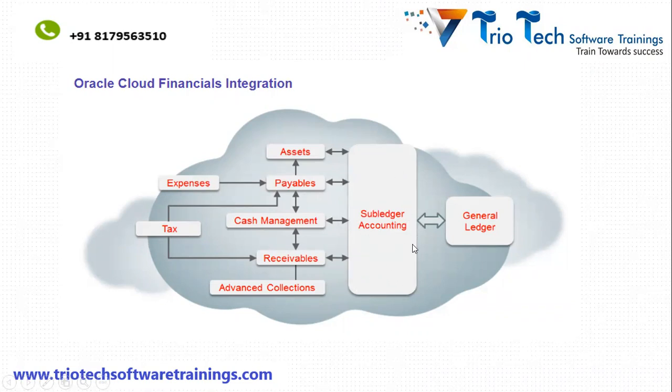Subledger accounting is an engine that facilitates all the accounting for the transactions recorded in these applications or modules. Finally, this engine pushes the accounting data to the general ledger, which is the storehouse for all the accounting related aspects of the business.